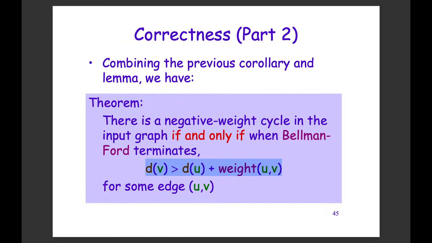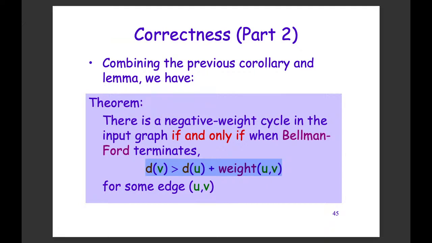Vertices may be checked many times, but we go through each vertex and then check all the adjacent edges. So the time for one round is V plus E, and then we perform order V rounds. So the total time is order VE.